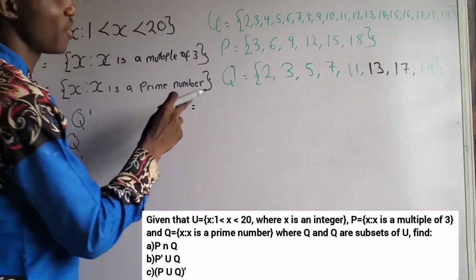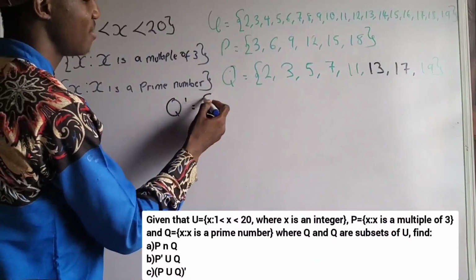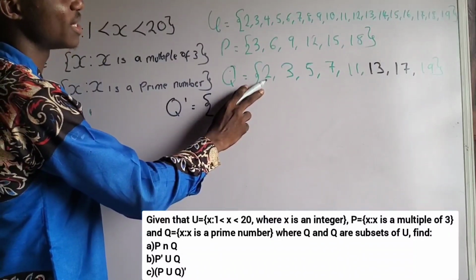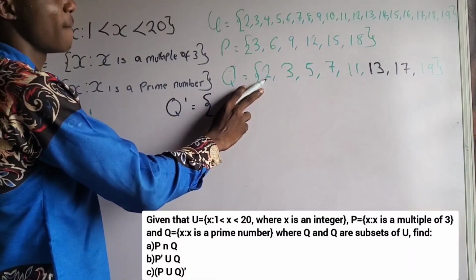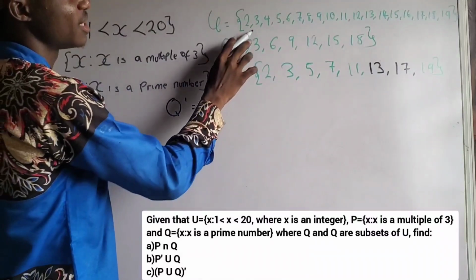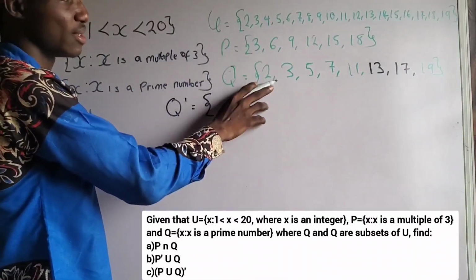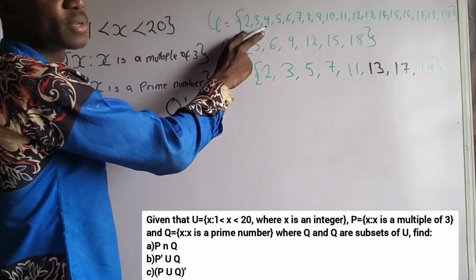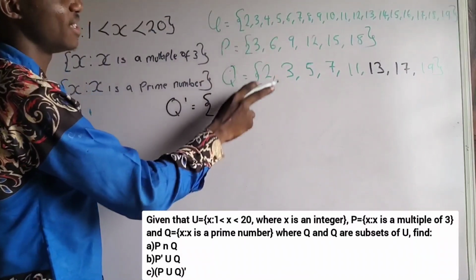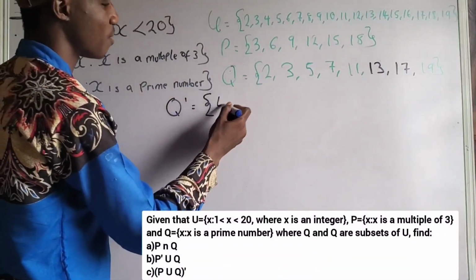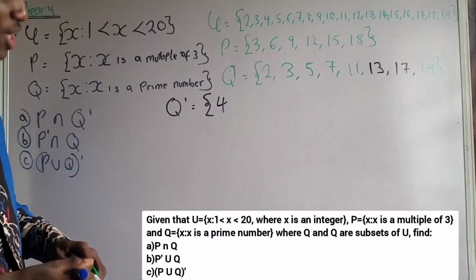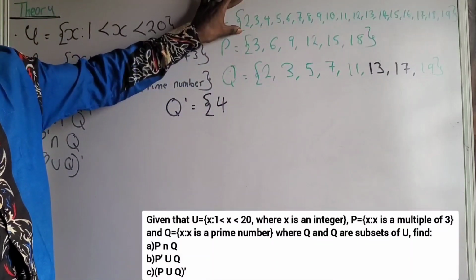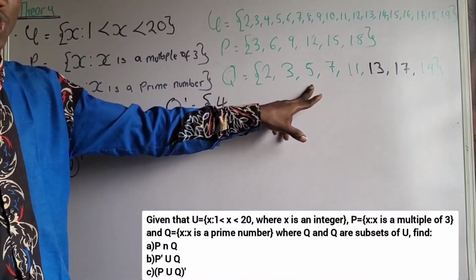So that means that if I want to get Q prime, I'm going to do it like this. 2 is present in set Q, so I'm not going to include it. 3 is present in the universal set, but is also present in set Q. I'm not going to include it. 4 is present in the universal set. It is not present in set Q, so I'm going to put 4. Listen to me carefully. Q prime are the elements that are present in the universal set but are not in the set Q. Do you understand?